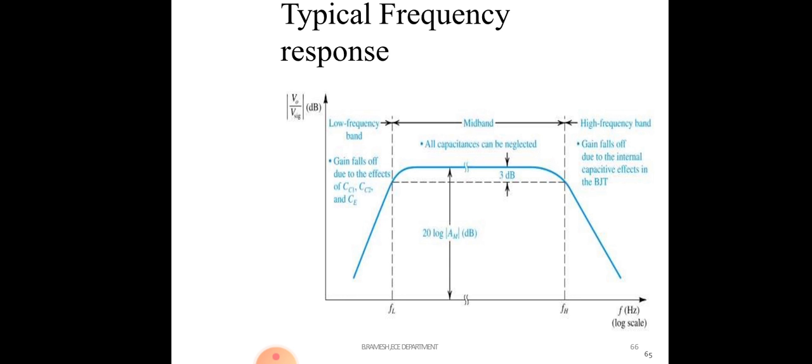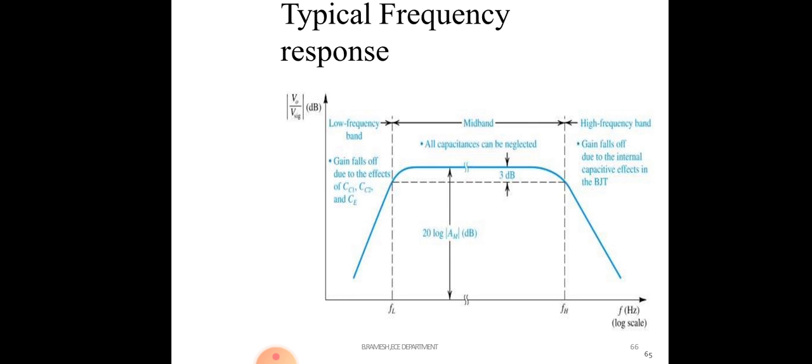Again at high frequency, the gain falls off due to the internal capacitance effect in the BJT. So the internal capacitive reactance decreases. Internal capacitance ranges in picofarads. Generally the collector base junction capacitance is about 5 picofarad, and the emitter base junction capacitance is 3 picofarad.